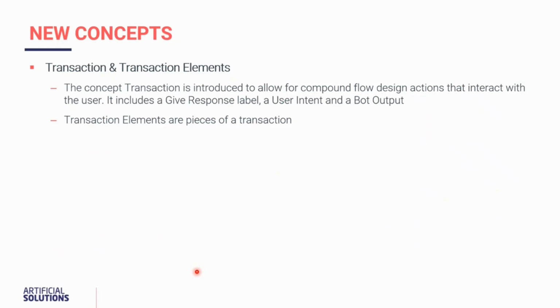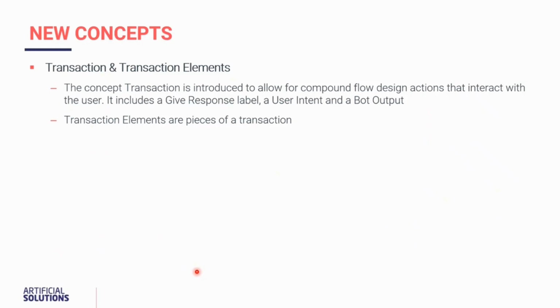We'll add a user intent, so that part where we're defining what the user will say, including a match, and we'll also be adding a bot output. So as you can see here, a transaction in that sense is the full journey, right, back and forward. That is what we'll be adding here.